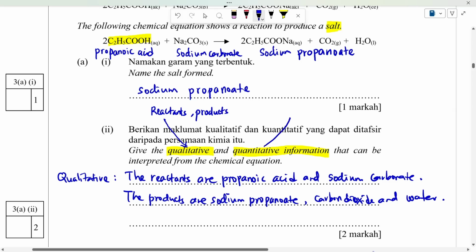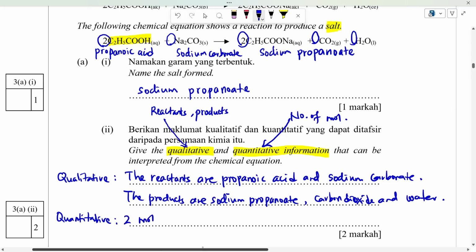Okay, how about the quantitative? We include the number of mole. So here we just use this information. So for quantitative, we include the number of mole.